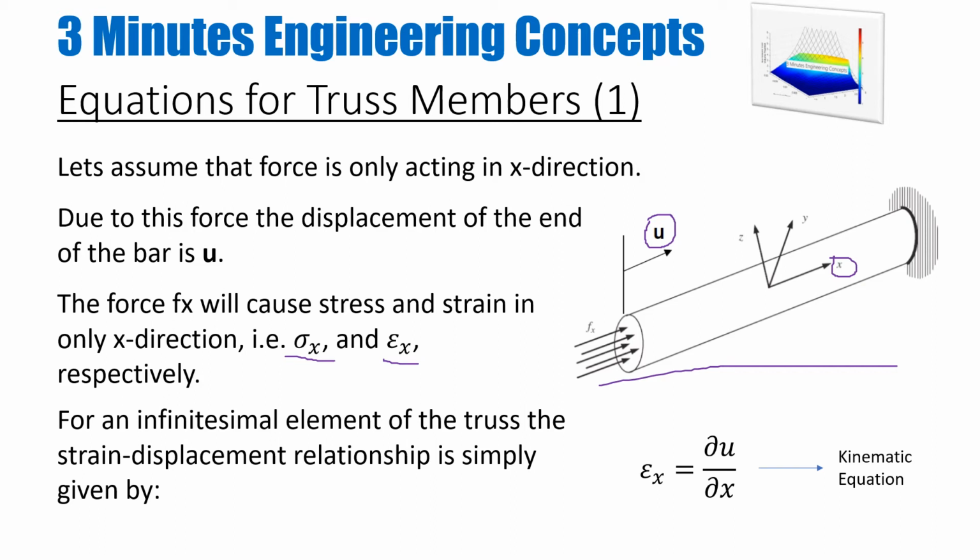For any small or infinitesimal element of the truss, going back to basic solid mechanics, I can link the strain in the x direction with the displacement by this equation, which is nothing else but the variation of u with respect to x. In three-dimensional space, it will be a function of y and z as well, and u will become u, v and w in those directions. The equation which relates the strain with the displacements or deflections is called the kinematic equation.